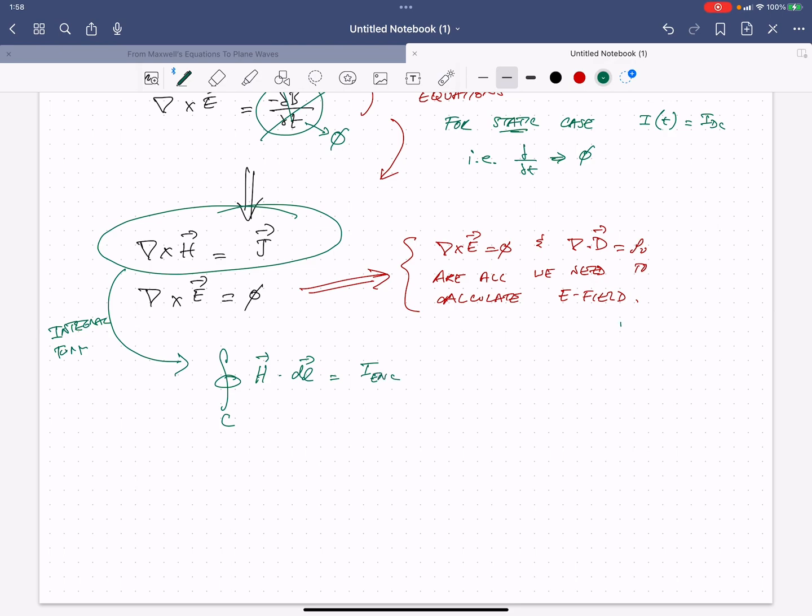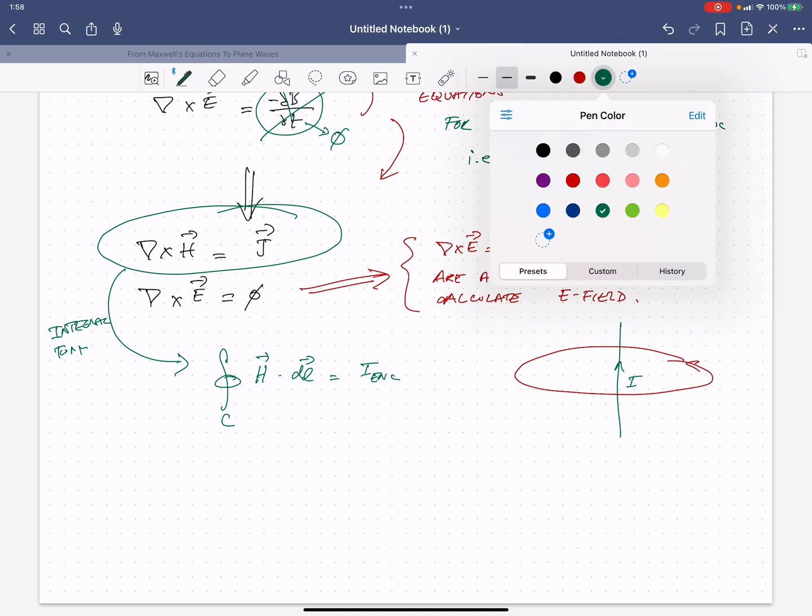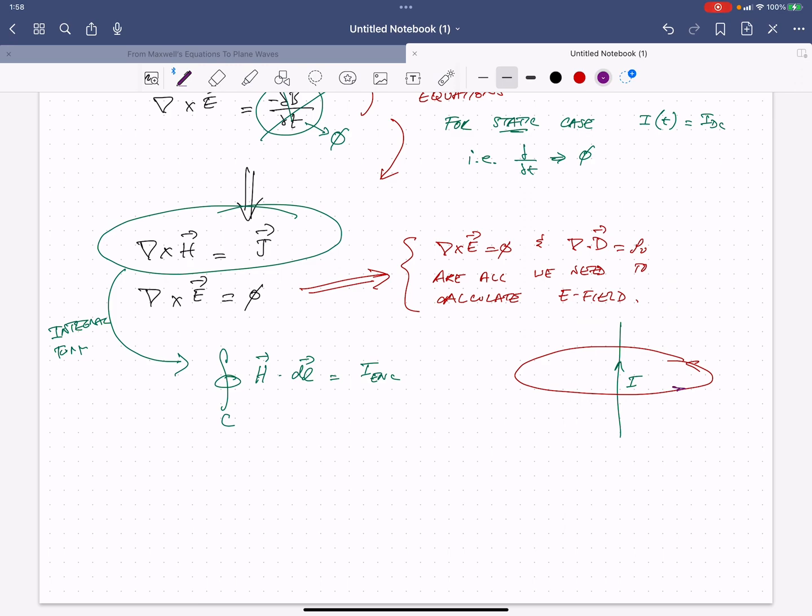In other words, if you have a current going through the wire and you pick a closed loop around this wire, a little chunk of the loop would be this dl, and you integrate all the way around this closed loop around the current.